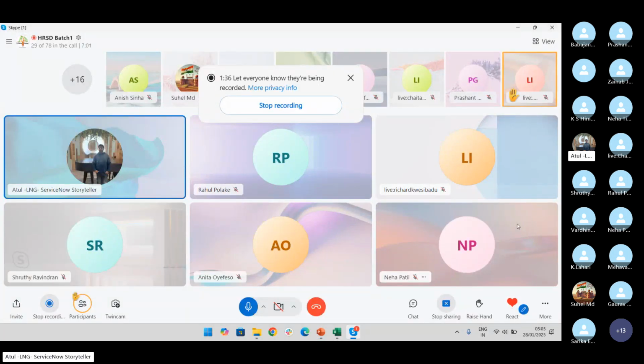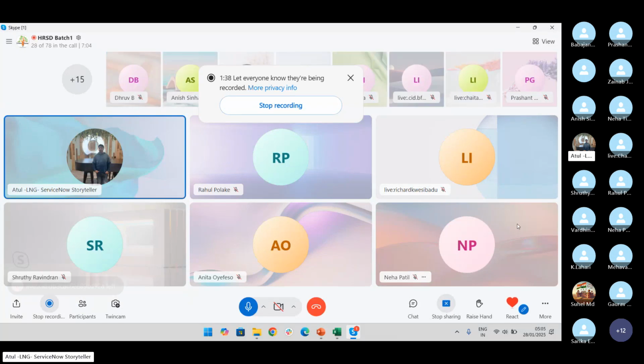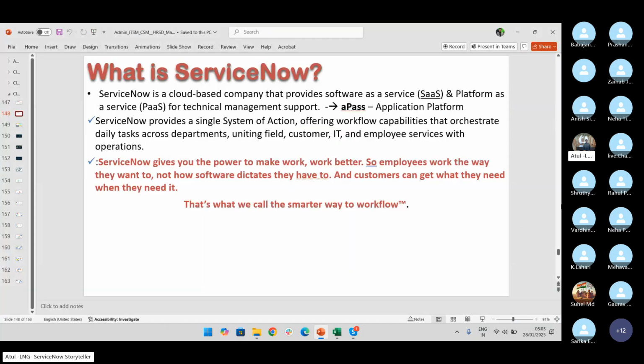I would not say it's a tool, it's a platform which we can use, by definition, as an APS. You can use this platform as it is, as it is given to us, or you can customize it, or you can build something by using this particular platform. So what does this say, APS?